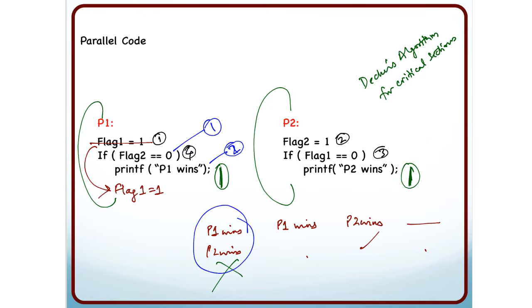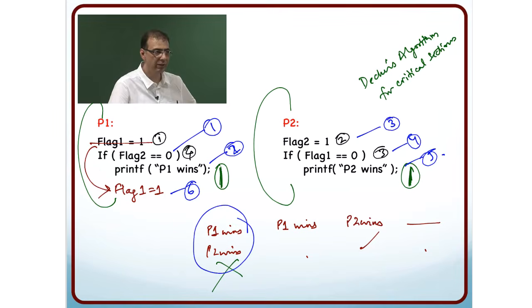And then it gets scheduled out. This program comes in. It sets flag 2 equal to 1, but the damage has already been done, right? It checks flag 1 equal to 0. Yes, it's 0. It's not been set to 1 yet. So it comes and prints this, right? And then finally, maybe at some point of time, this program executes flag 1 equal to 1, right? So you ended up printing both P1 wins, P2 wins.